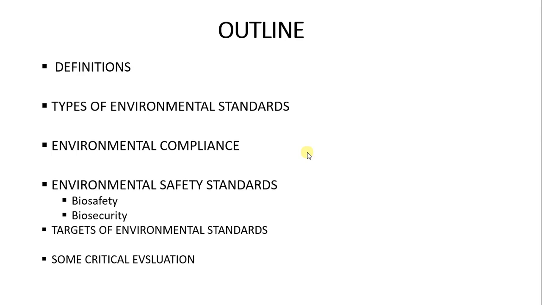Okay, so let's get to the first one. Definition. The topic is environmental standards. First of all, what are standards? Standards are policy instruments. A standard is a value fixed by authorities, and as a result of that, it is always enshrined in a legal regulation and therefore has legal force.